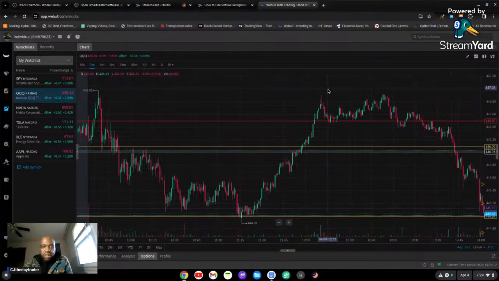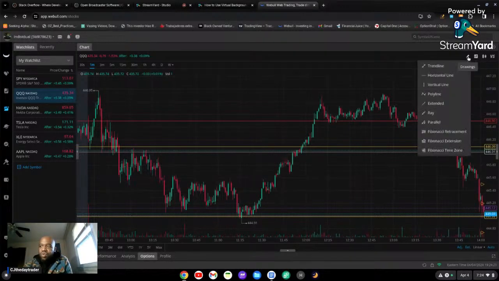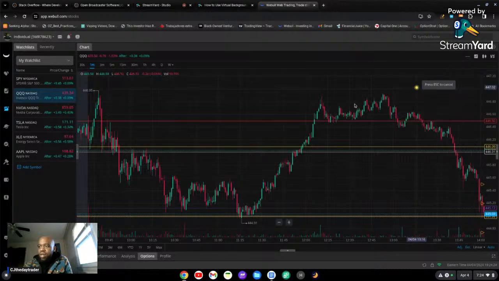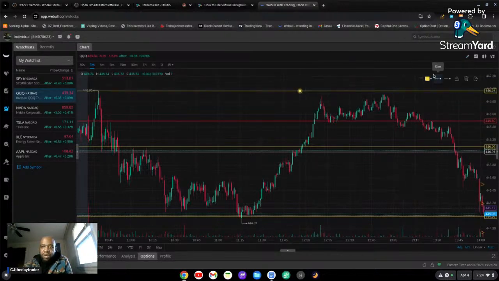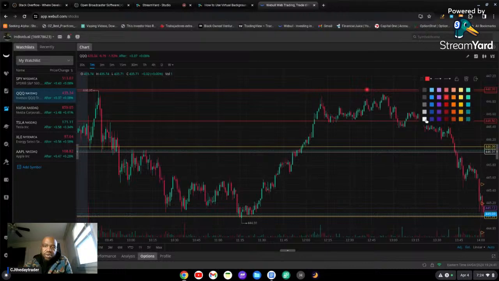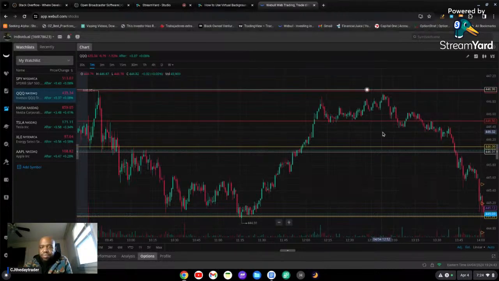It was still resistance up here. We would have to draw this whole dollar level right there, turn this into red for resistance. And also, since this is a whole dollar level, we're going to turn that white.